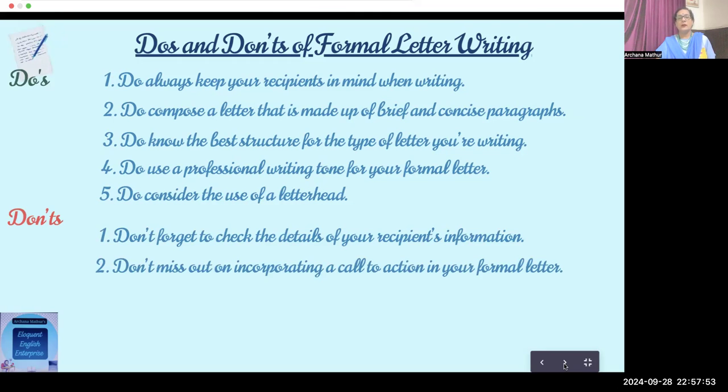Don't miss out on incorporating a call to action in your formal letter. That is, after you've written about yourself, for instance, if you are writing a letter to apply for a certain job, definitely you have to write a call to action. That is, why do you feel fit to be on that particular position? And also, don't forget to give your contacts: your number, your address.